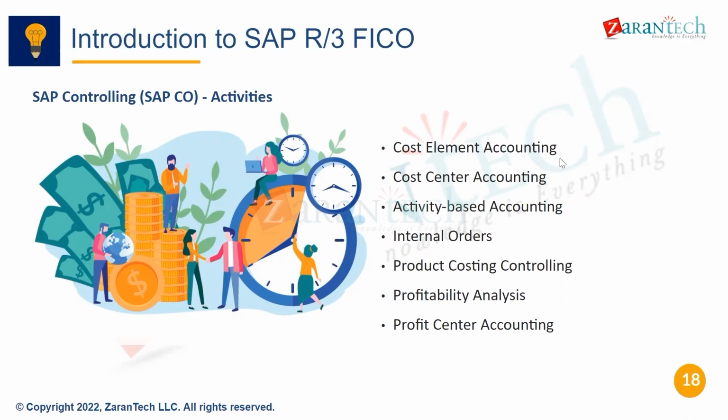In cost element accounting, we'll have two types: primary cost elements and secondary cost elements. Primary cost elements are nothing but the GL accounts that are created in the FI module. We will extend them to the controlling module. Secondary cost elements are created in the controlling module itself. Those are created for settlements and allocations purposes.